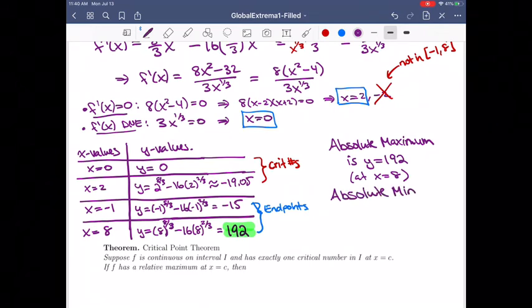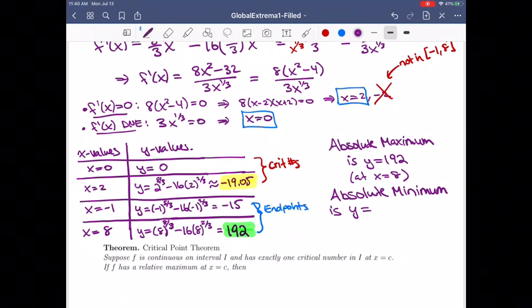And the absolute minimum is this negative 19.051.